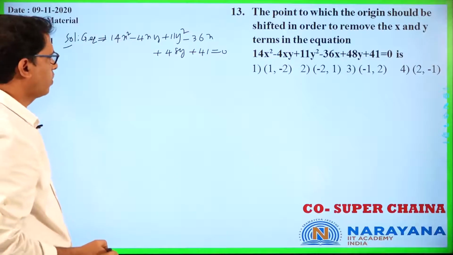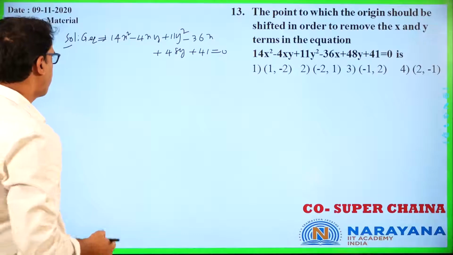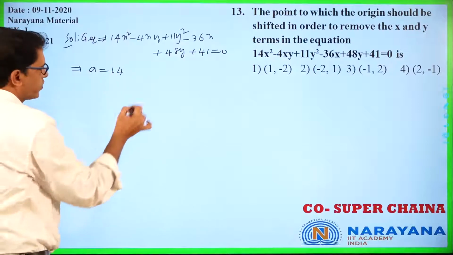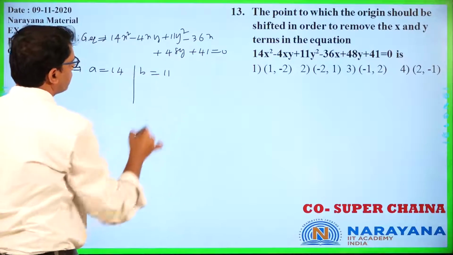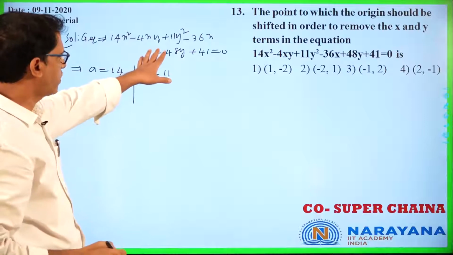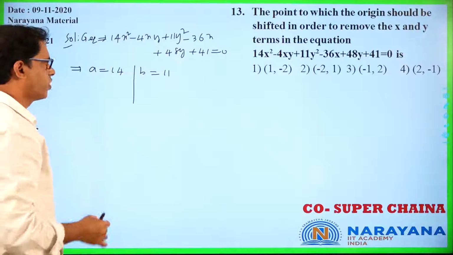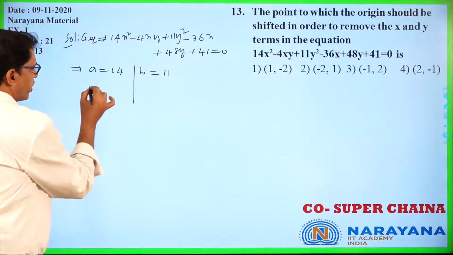Okay now, write the values. Therefore a value 14, then b value 11.